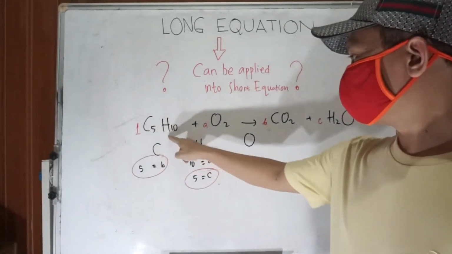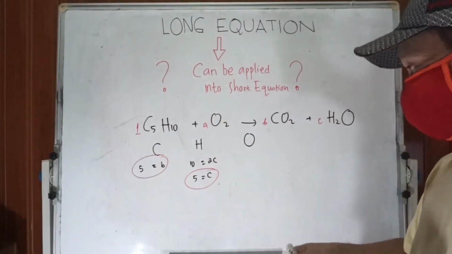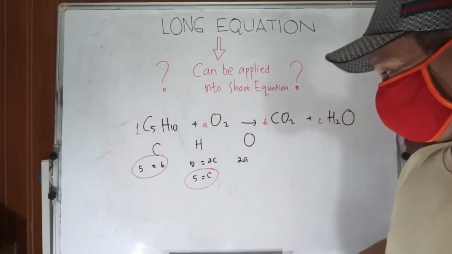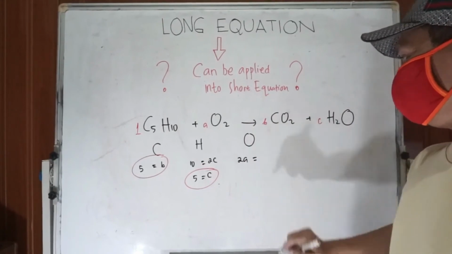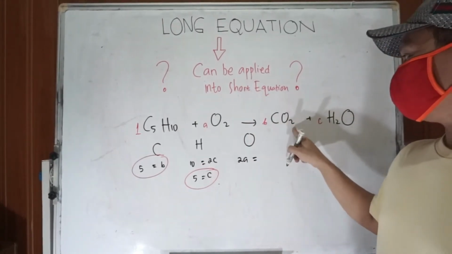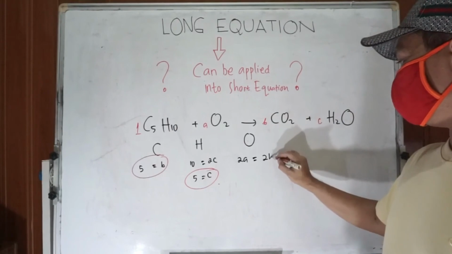On the left side, you got A times 2, so you got 2A, yields equal. Now you got this one, B times 2, 2B.